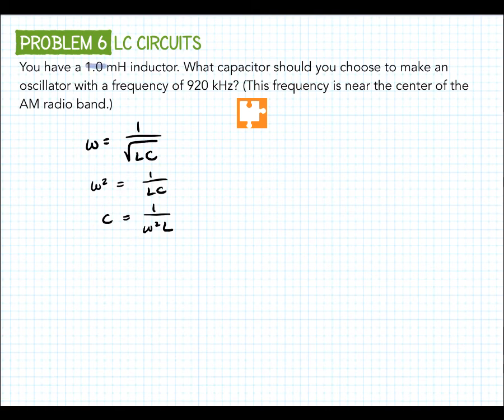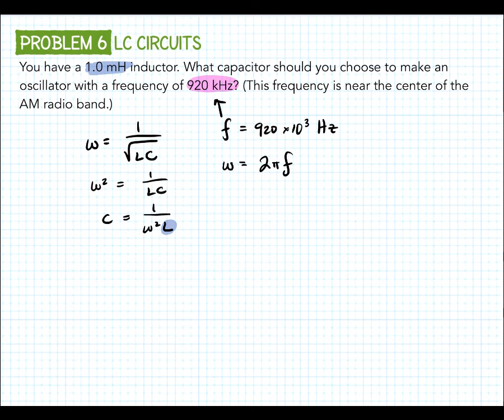So we have this 1 millihenry inductor, so that's this, and we have this frequency. Now this frequency is not omega, this is f, and so that's going to be 920 times 10 to the third hertz. We have to remember back from our angular stuff in Physics 190 that omega is equal to 2 pi times the frequency.